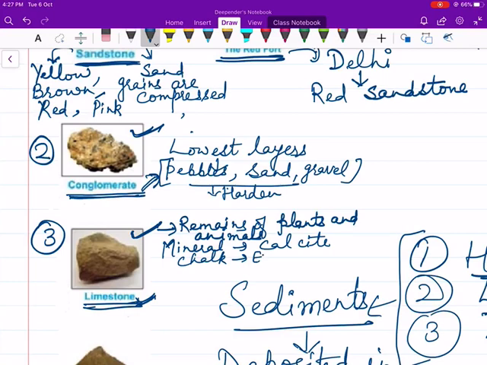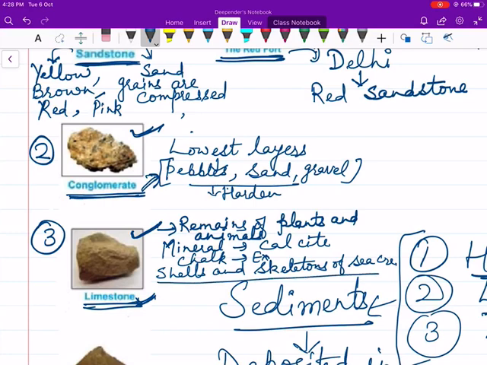It is formed from the shells and skeletons of sea creatures. शंख और सीपियाँ होते हैं ना जो sea creatures आपने देखे होंगे white color के, that is the shells and skeletons of sea creatures or animals. So this is about the limestone we have discussed.